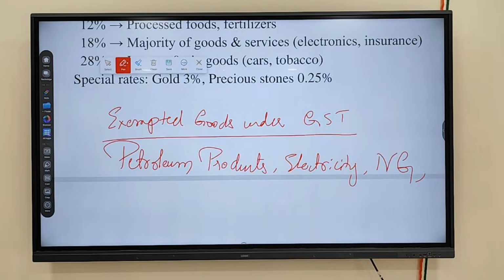Yeah, that's it. Petroleum products, petrol, diesel, natural gas, electricity, and write down high spirit also. That doesn't come under GST.